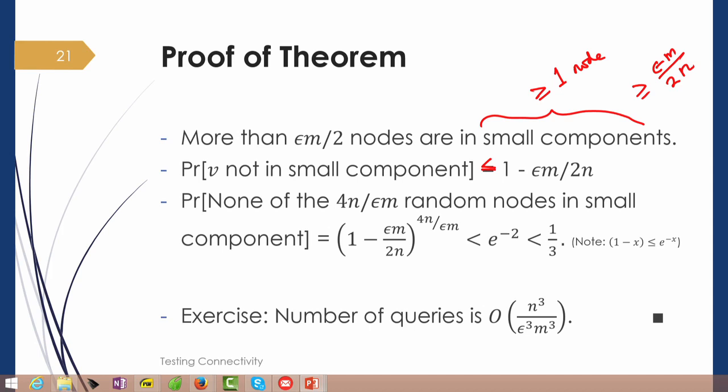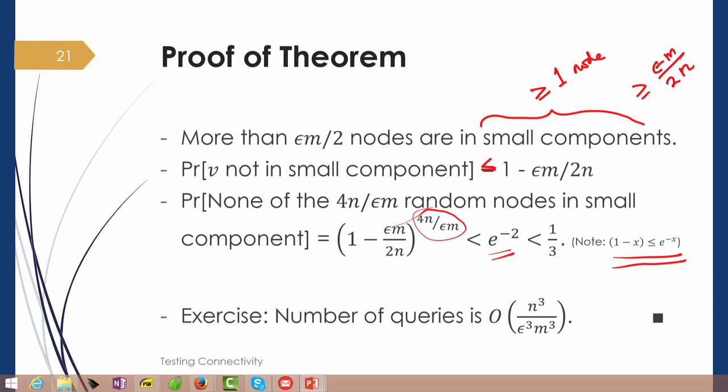Well, the probability that it occurs once is 1 minus epsilon m by 2n, but 4n over epsilon m times means that the 4n over epsilon m goes to the exponent. So, if we apply this inequality, 1 minus x is at most e to the minus x, this probability can be brought down to e to the minus 2.